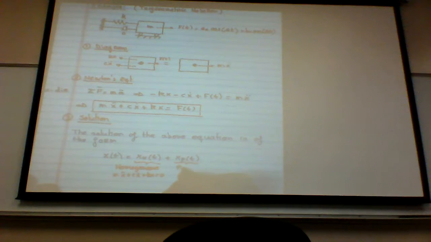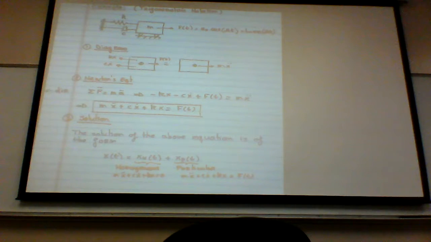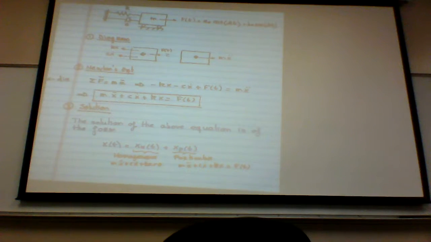This is the particular solution, which corresponds to the problem m x double dot plus c x dot plus kx equal to f of t.